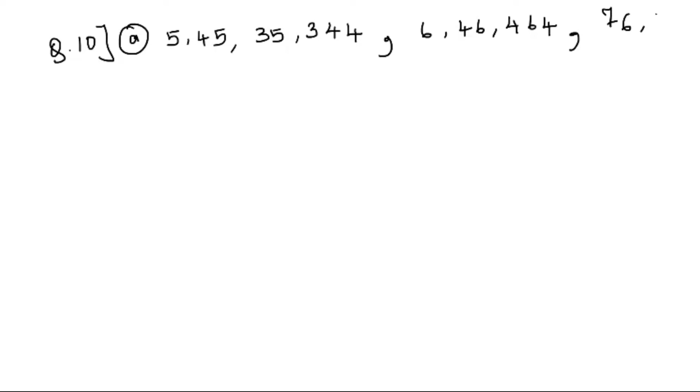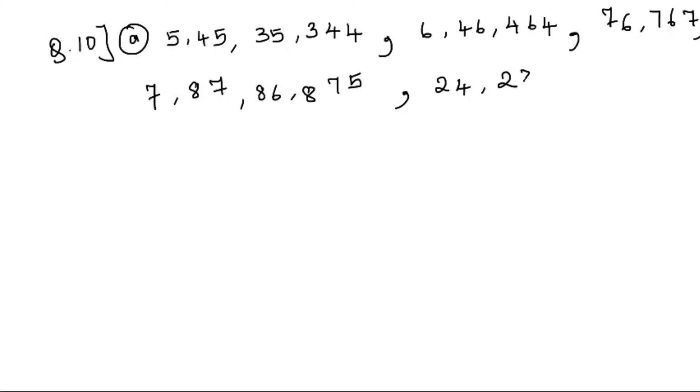The next one is 7, 8, 7, 8, 6, 8, 7, 5, 2, 4, 2, 3, 4, 5, 6. This is the number. We have to arrange it in ascending order, from smallest to the largest or biggest.